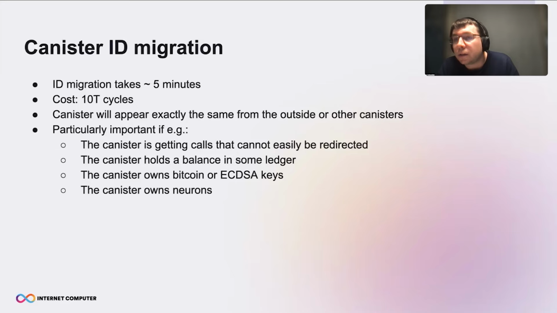Another reason why preserving the ID might be very important is if your canister has a balance in some ledger, maybe it owns ICP. It's the canister ID that owns these ICP. Same if the canister owns Bitcoin or ECDSA keys, or if your canister owns neurons, all these things are linked to the canister ID.